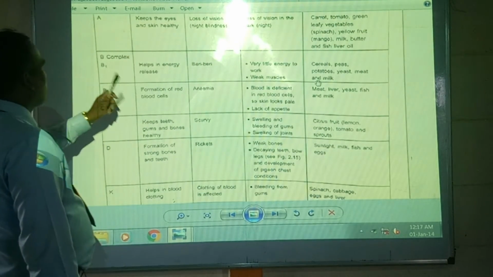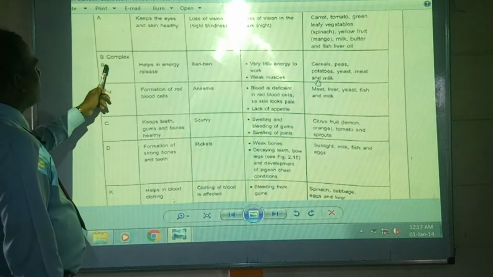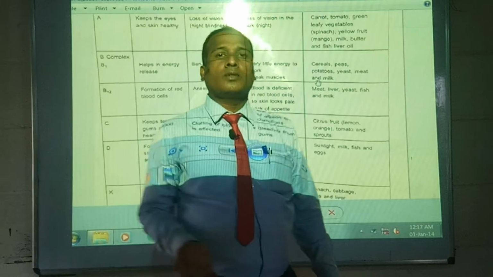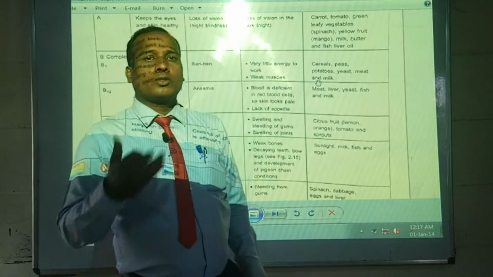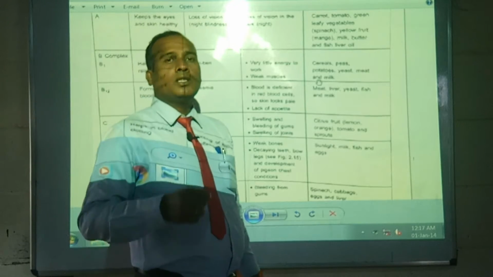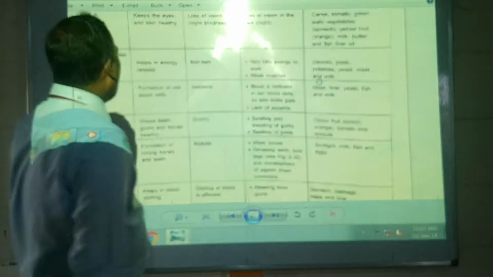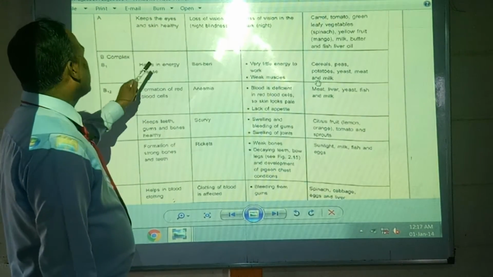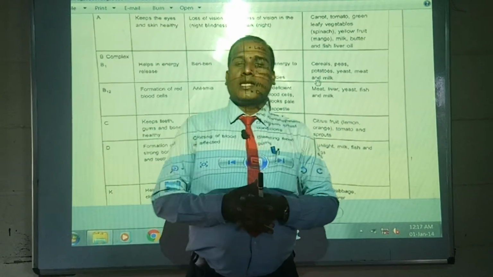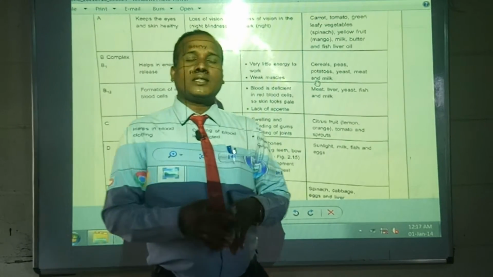And skin also stays healthy. Then, what is B complex? There are many types of vitamin B, so B1, B2, B3, B6, B12 are there. That is called vitamin B complex. Generally it helps in releasing energy, and gives special energy to the body. What is the disease?